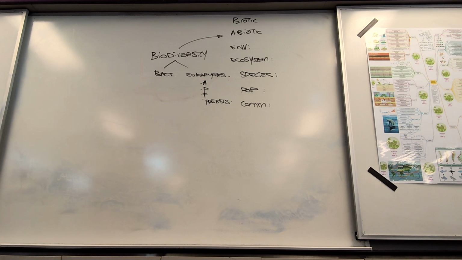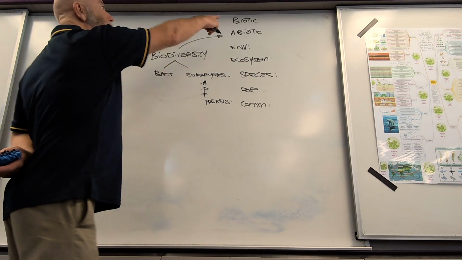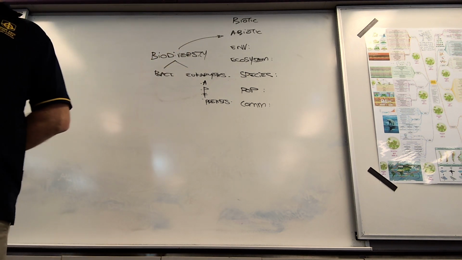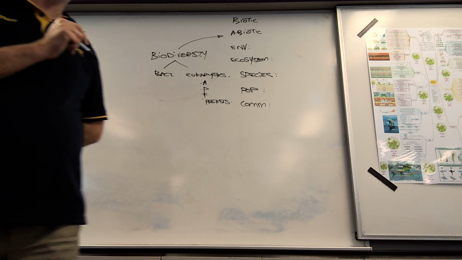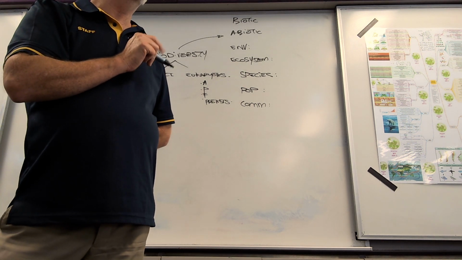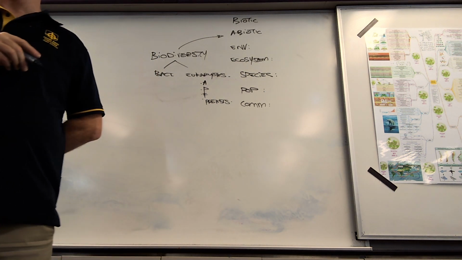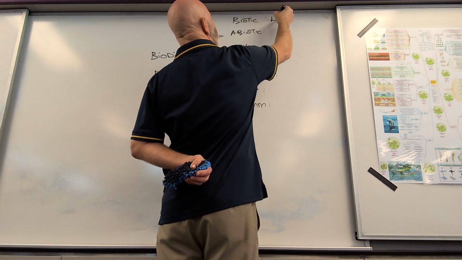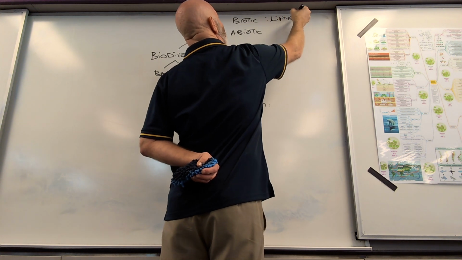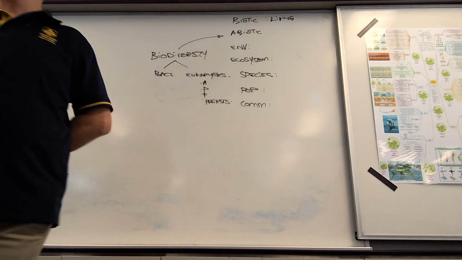Yes? Right. So, what does biotic mean? If it's a biotic factor, what does that mean? Yeah, a living thing that influences your survival. Okay? So biotic means that it's living, and being a factor means that it influences your survival.